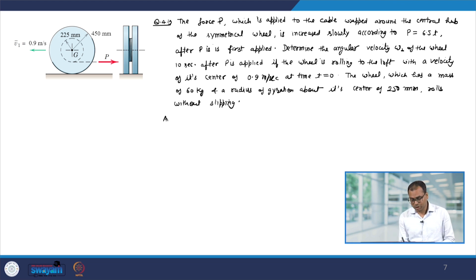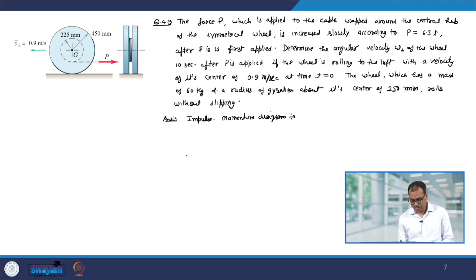To solve this question, let us look at the impulse momentum diagram of the wheel. That is, what is the linear momentum, angular momentum, linear impulse and angular impulse which are acting on the wheel.